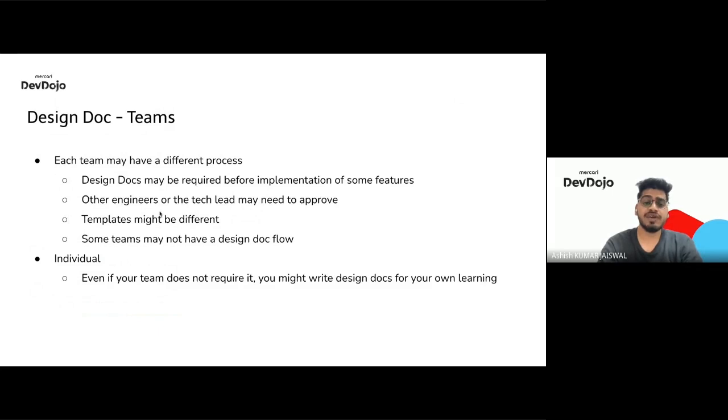As I mentioned, templates might be different, and some teams may not have a design doc flow. It's not necessary for all teams to have one. Some teams might have a proper flow, but some might not. As an individual, even if your team does not require it, you might write a design doc for your own learning. So you can also write it on your own.